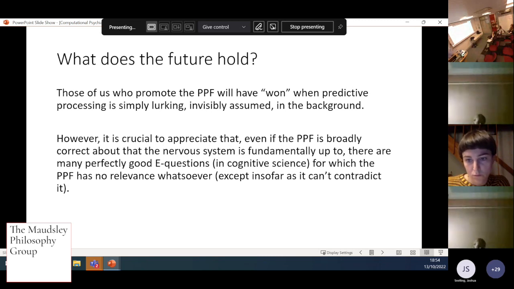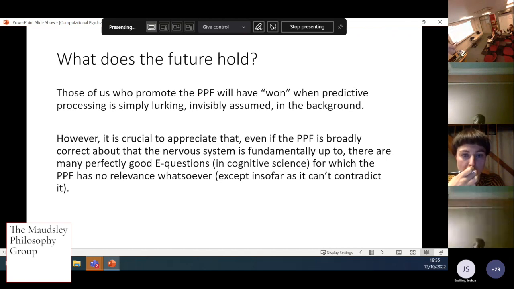It does mean that you get all of these papers applying predictive processing to as yet unapplied things, where you keep coming across these introductions to predictive processing at the start. The idea would be that it should be just lurking in the background.